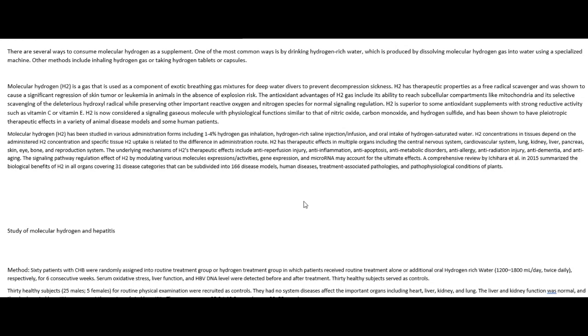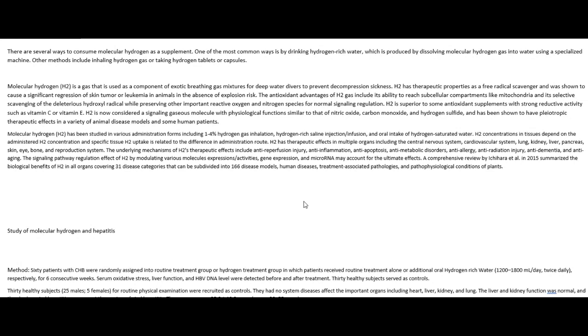H2 concentrations in tissues depend on the administered H2 concentration, and specific tissue H2 uptake is related to the difference in administration route. H2 has therapeutic effects in multiple organs, including the central nervous system, cardiovascular system, lung, kidney, liver, pancreas, skin, eye, bone, and reproduction system.